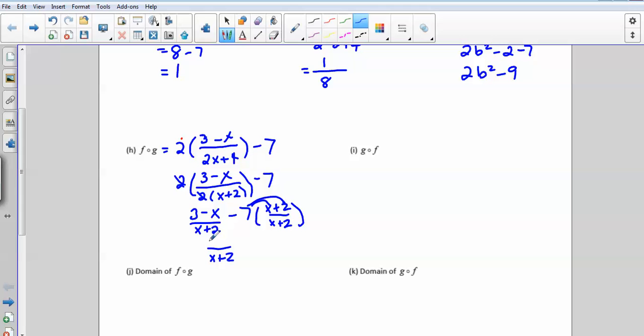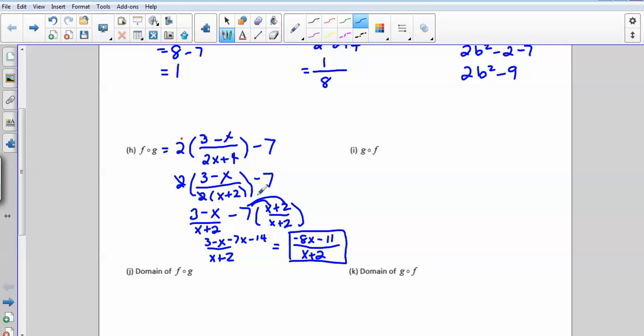I still have 3 minus x from the first fraction, and I also have minus 7x and minus 14. So my final answer, after I combine like terms, I have negative x minus 7x, that's negative 8x, and I have 3 minus 14, that's negative 11, and that's all over x plus 2.